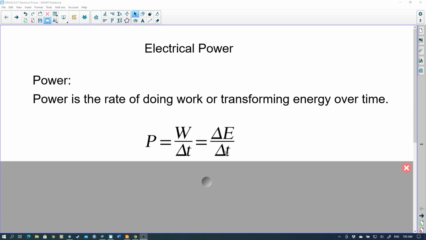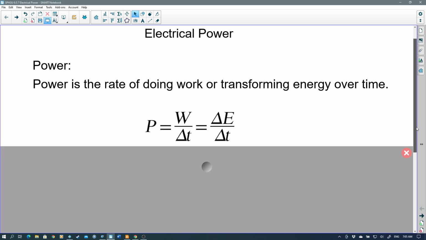Oftentimes, and I've mentioned this before, your starting time is 0, so delta T just becomes 1 time, which is your final time. But we usually always start with deltas, just on the off chance that your energy change wouldn't start from 0, or your time value wouldn't start from 0. So it's always good to know what the original version of the equation is, but it's a possibility that the deltas are going to get dropped, okay?